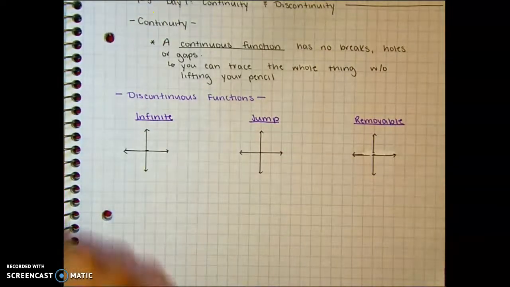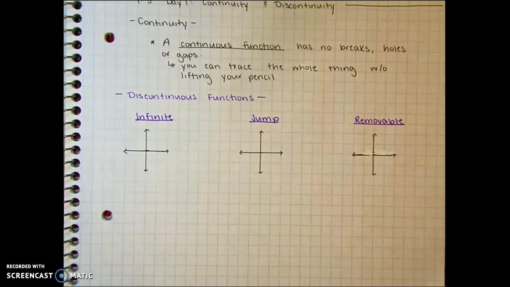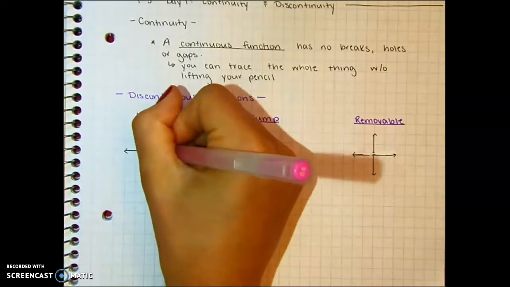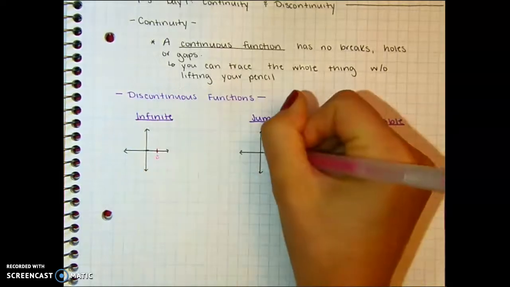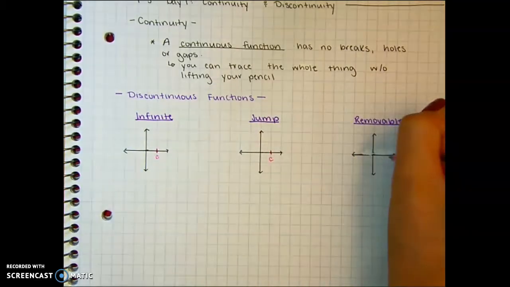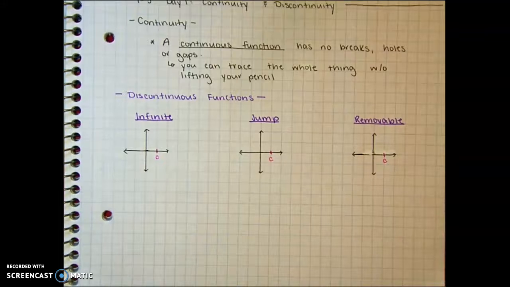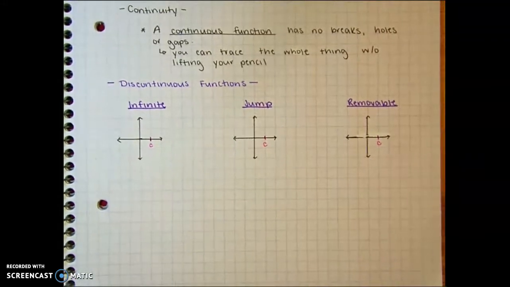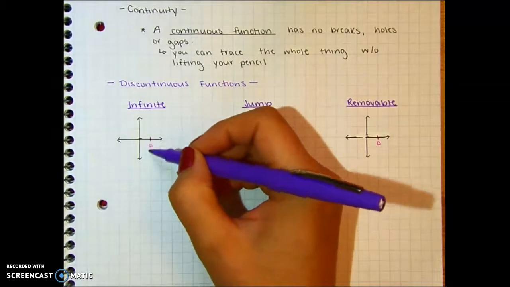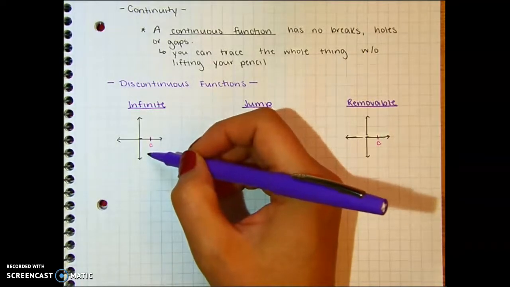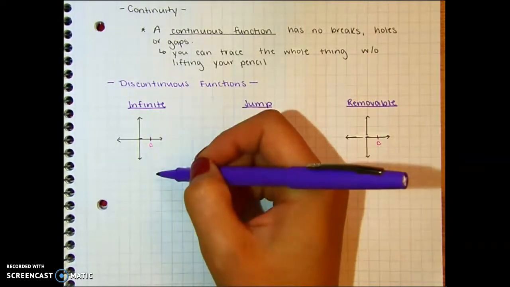Okay, so on each of these graphs, there's going to be some point C. I'm just going to put it in the same spot. It is not always in this spot. C is just representing a random x value. So infinite discontinuity is when at C, the function increases or decreases infinitely.